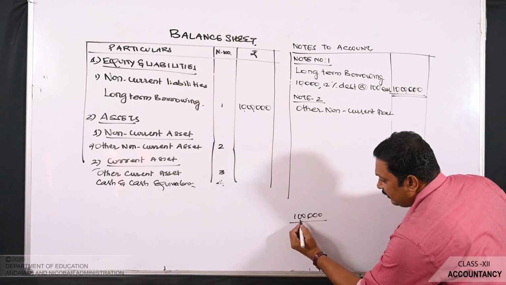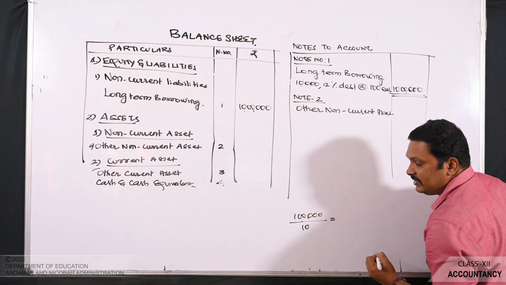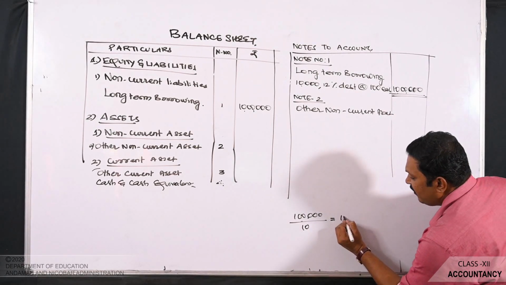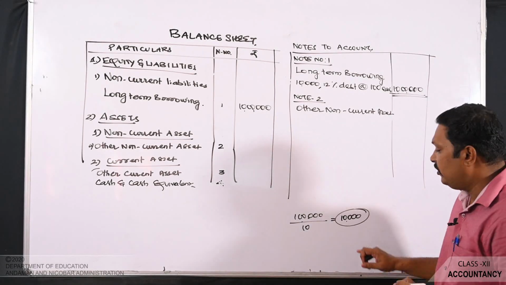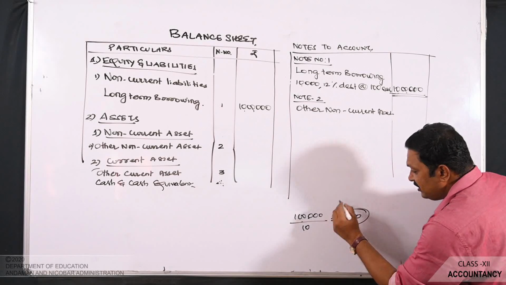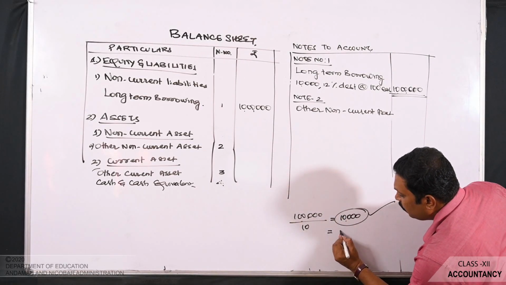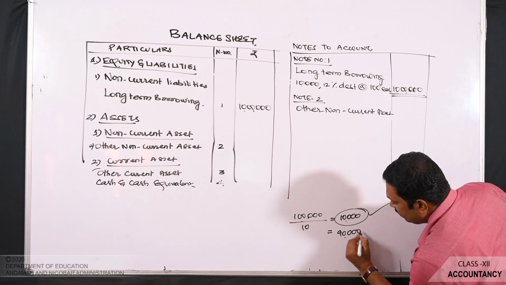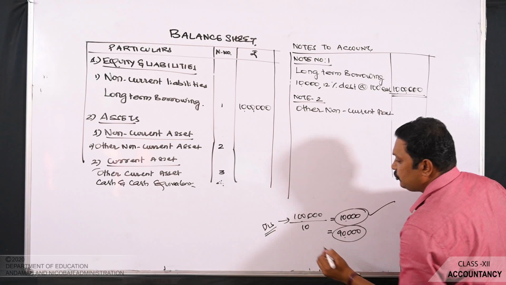For example, we have a discount of rupees 1 lakh and it is redeemed within 10 years. So divide it, every year we have to write off 10,000 debentures. Now, this year we are going to write off 10,000 and how much balance is left now? 90,000 is left.